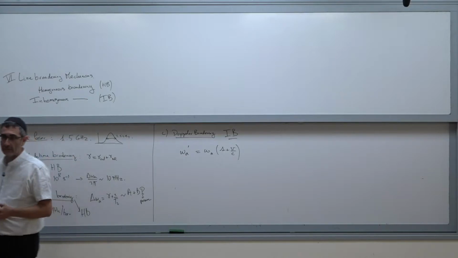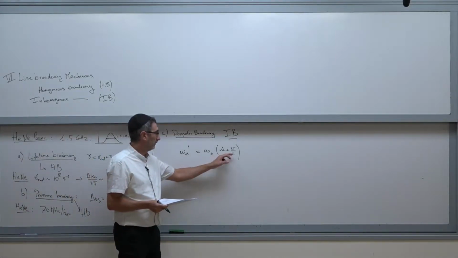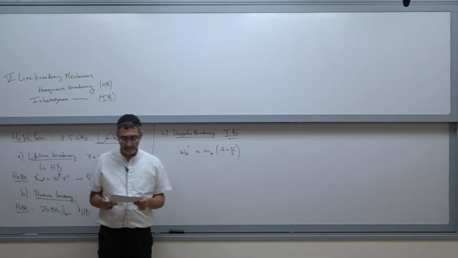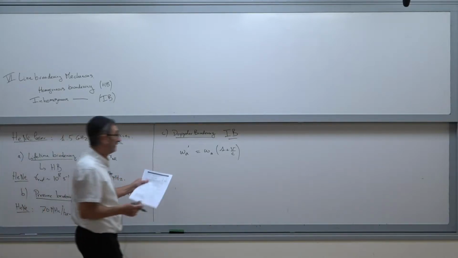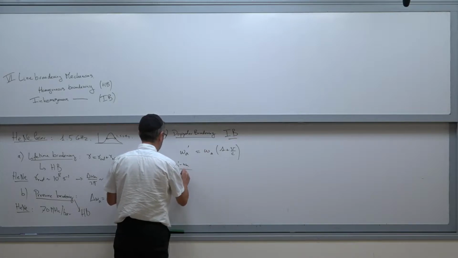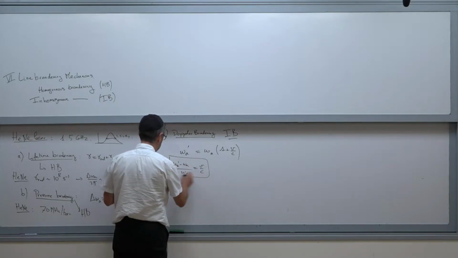So this gives you an idea of the frequency shift. If you have very fast particles, this term is significant. You can rewrite this expression as (omega A prime minus omega A) over omega A equals v over c, and we are going to use that expression here.